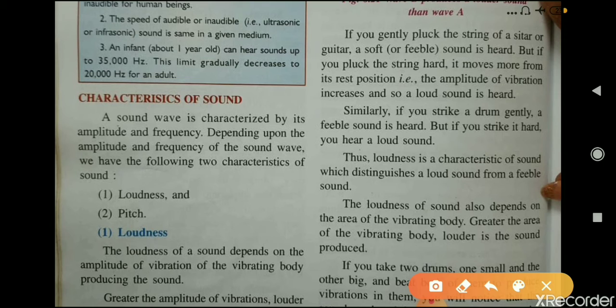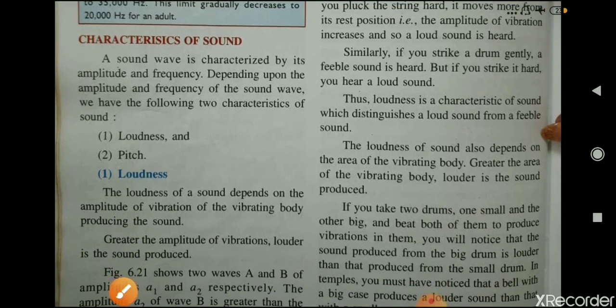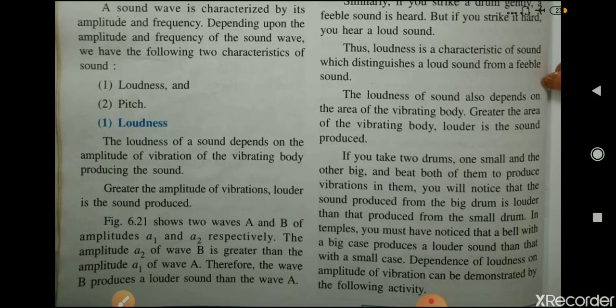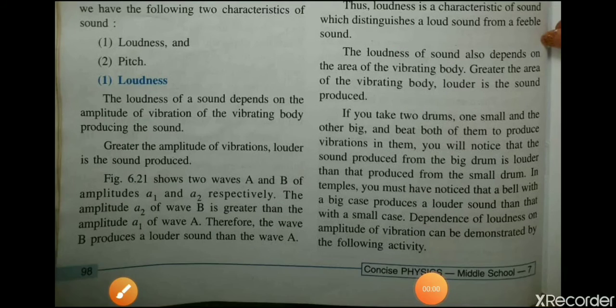But if you strike it hard, a loud sound is heard. Thus, loudness is a characteristic of sound which distinguishes a loud sound from a feeble sound.